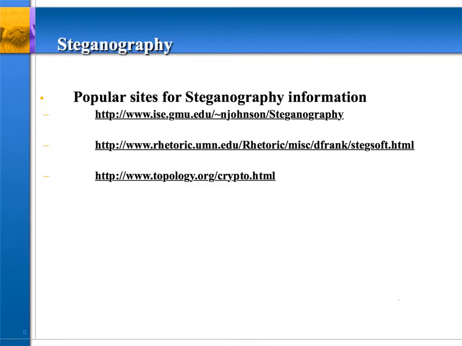These links here, by the way, this is being recorded, so you don't have to write them down. But these are popular sites: N. Johnson and topology.org. Crypto is a good one as well, just to give more information on steganography.